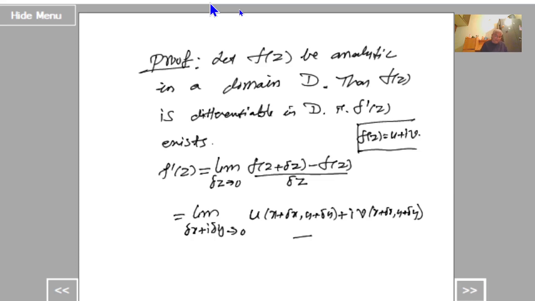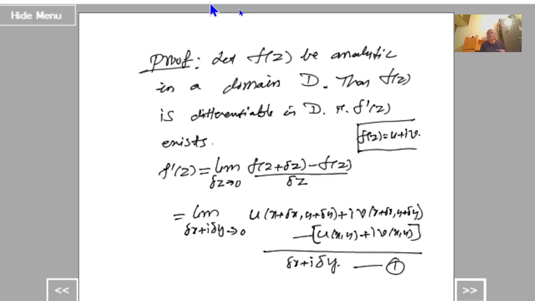Minus f of z, where f of z is u of x comma y plus i into v of x comma y, this divided by delta x plus i into delta y. I will take this as relation 1.